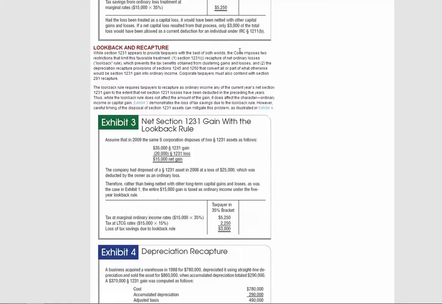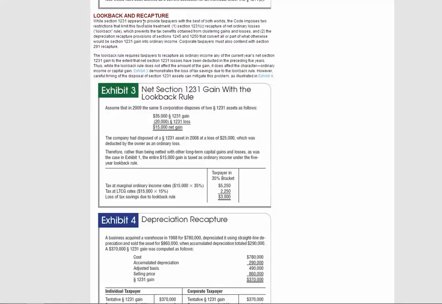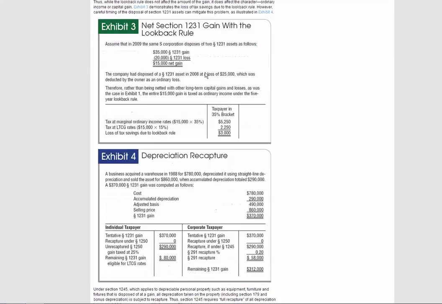Now for your 5-year penalty, you got to look back and recapture. While Section 1231 appears to provide taxpayers with the best of both worlds, the IRS does limit you for the last 5 years. So this is pretty much the same example the IRS gave us. The company had disposed of 1231 assets in 2008 at a loss of $25,000, which was deducted by the owner.